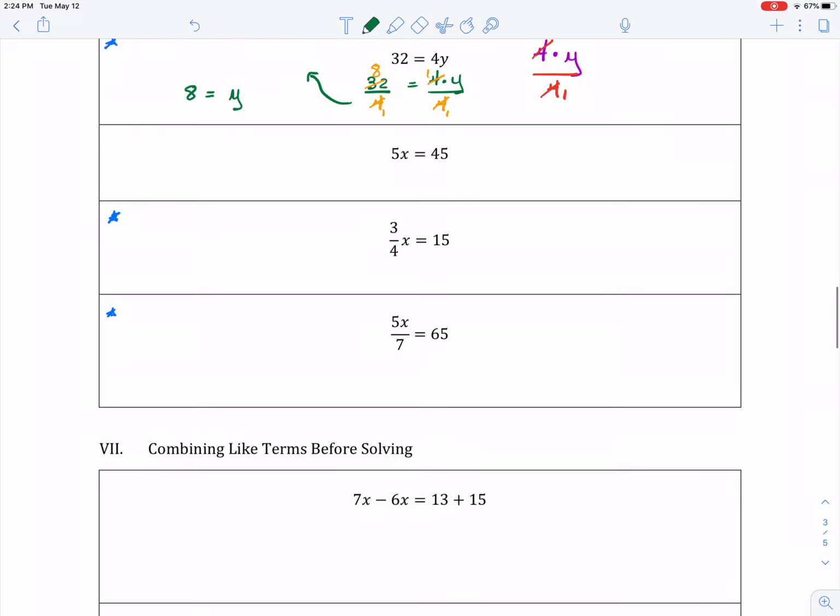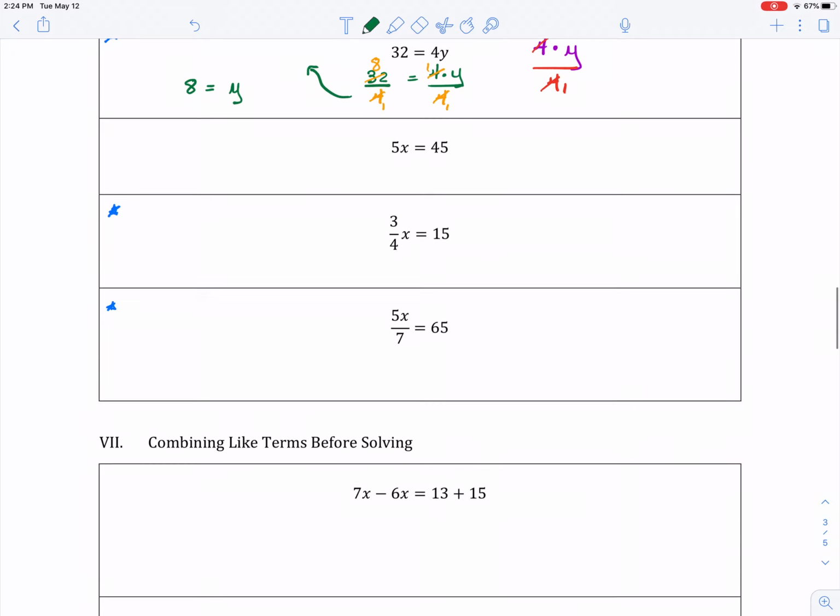All right, so I'm going to skip the next one because it's very much like that one that I just did. I'm going to go down to the third one where you see 3/4 x equals 15. I told you I was going to write these in several ways. One way I like to handle working with a fraction that's attached to the variable is to come in and use a bracketing technique where I'm going to multiply by the reciprocal.